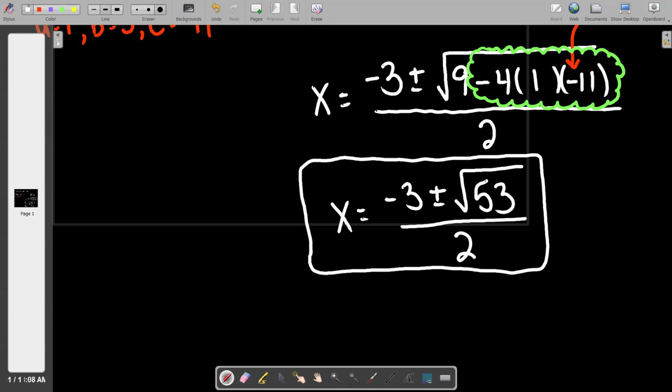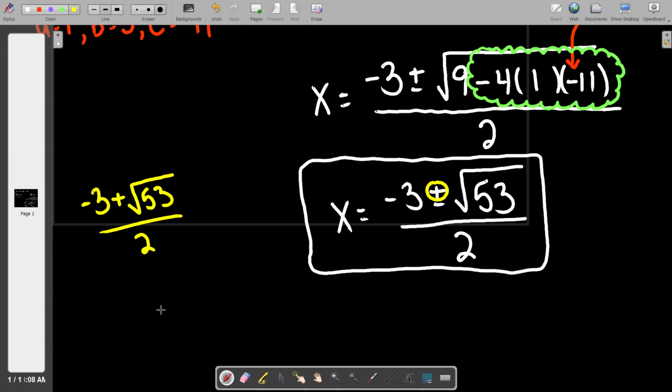One of the answers, and I'm only going to explain this to you as few times as I can, if I watch this, I'm going to circle the plus sign with a yellow. One of the answers in this box says -3 plus the square root of 53 divided by 2. That's an answer. Just like on your quiz yesterday, x equals 4. That's an answer.